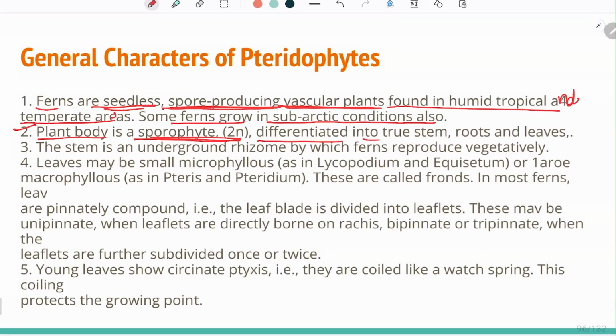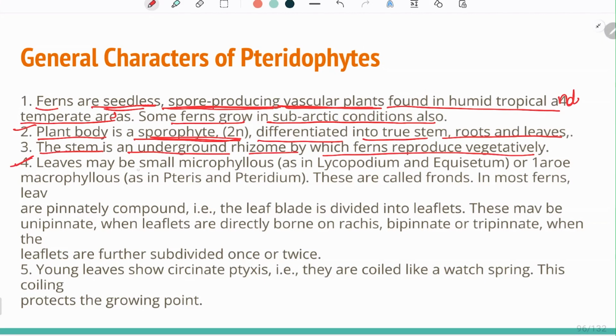The body is differentiated into true stem, root, and leaf. The stem is an underground rhizome by which ferns reproduce vegetatively.